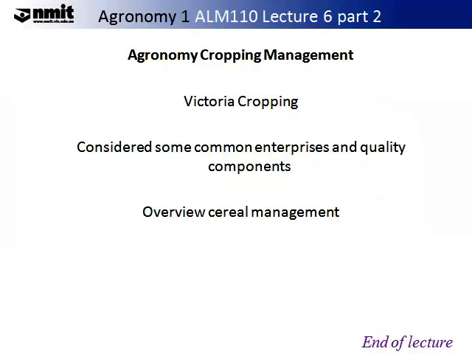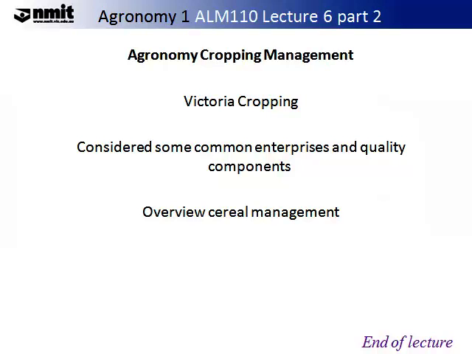This brings us to the end of this lecture on agronomy cropping management. So to summarise, we learned a little bit about Victorian cropping, the areas where Victorian cropping occurs, and the most common industries and their values. We considered some common enterprises and quality components of the crops wheat, barley and oats.